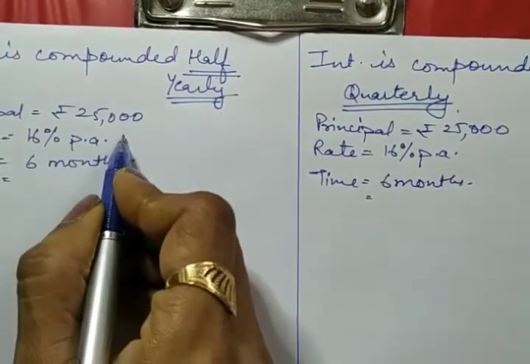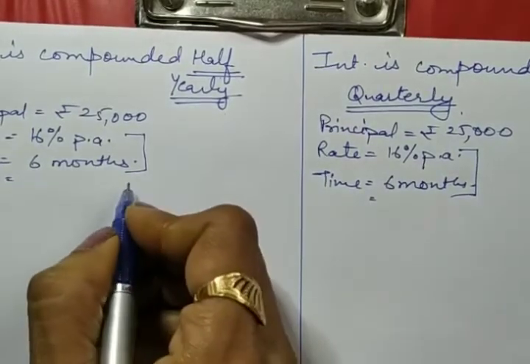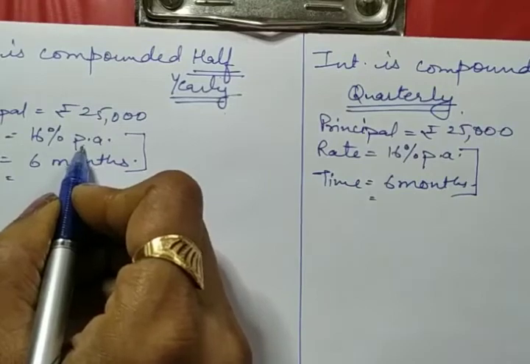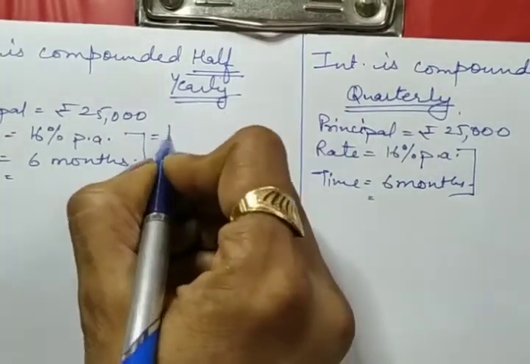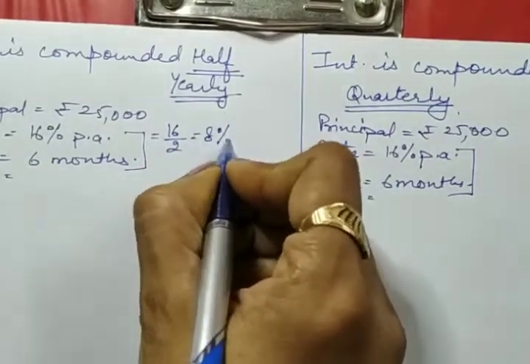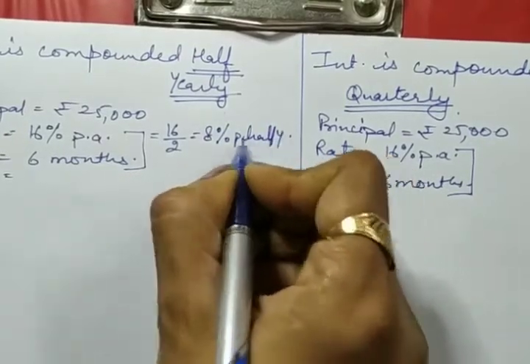We have to convert these two information for the requirement. As rate of interest is given per annum, we have to convert it in per half yearly. For that we have to divide it by 2. So this is 8% per half yearly.